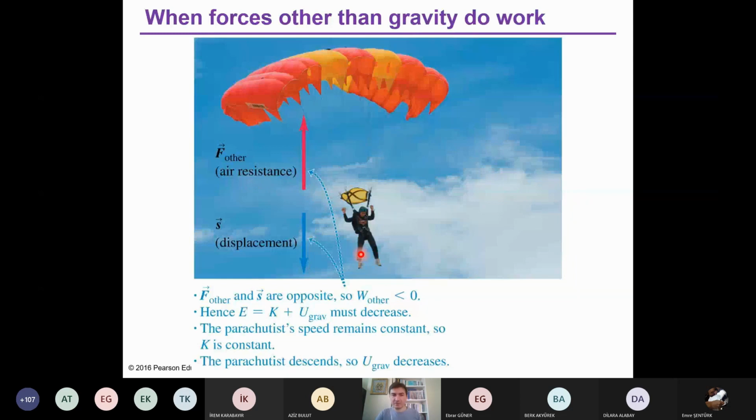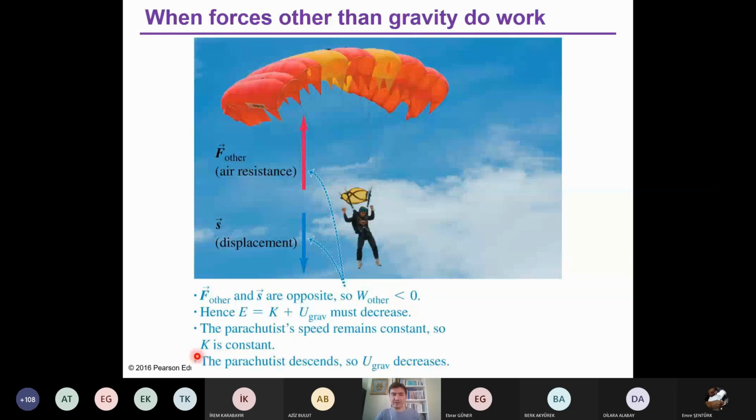Weight is downward, displacement is downward, then the work done by the gravity is positive. What about the work done by the other force, air resistance? It is negative because the direction of the F other and the direction of the displacement are opposite to each other. So then we have negative W other here. So the final mechanical energy of this guy must decrease. Okay, so then his speed remains constant.